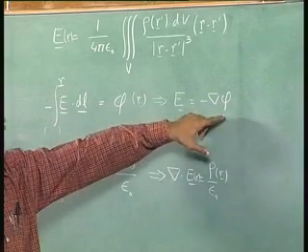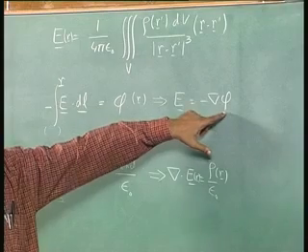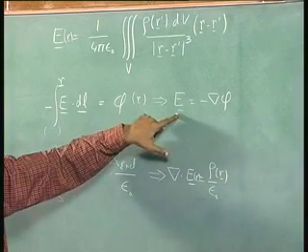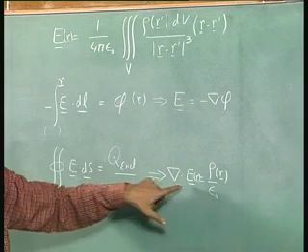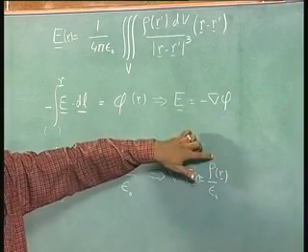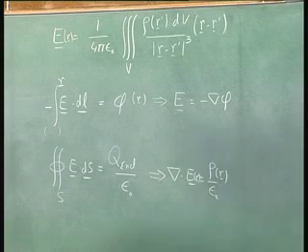One says that there is something called electrostatic potential, and if you take its gradient you get the electric field. The second says if you take the divergence of the electric field you find the source of the field, namely the charge density divided by epsilon naught.